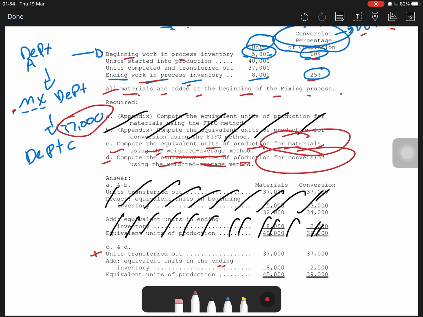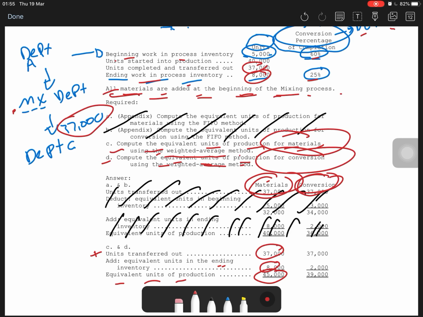That is the level of your production, right? So the units transferred out, this is the materials, this is the conversion. As it says, all materials are added at the beginning of the mixing process, so 37 plus 8, simply like that: 45,000 equivalent units of production for the materials.